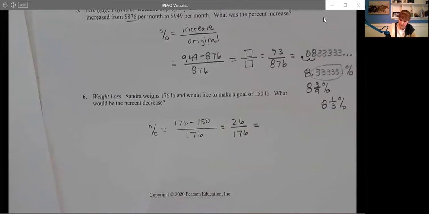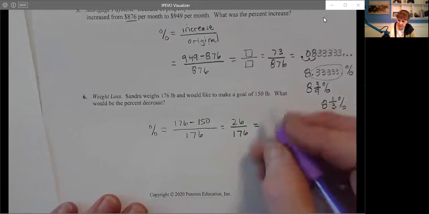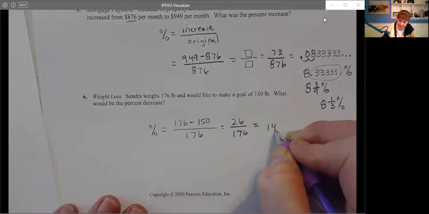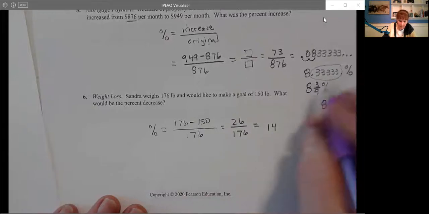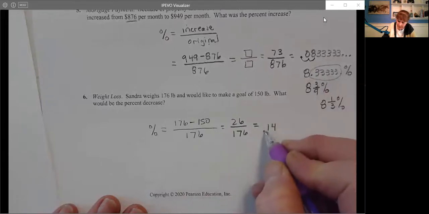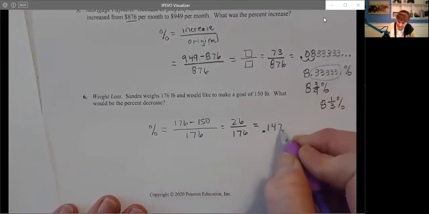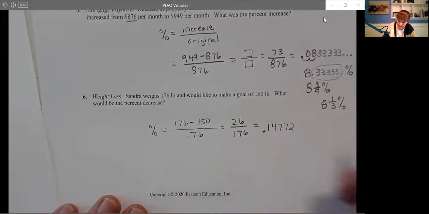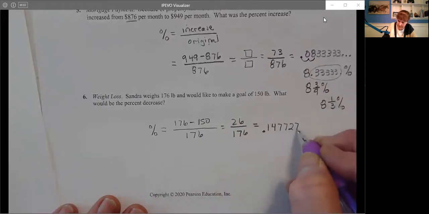Oh, that's going to be kind of messy to find as a decimal. It's not like 0.33333 or 0.4444. We get 0.14. And then it does keep repeating, but it's not a single digit.